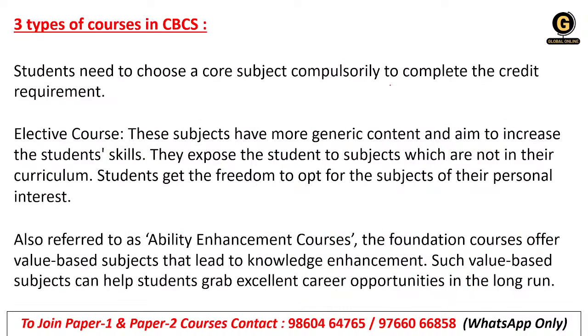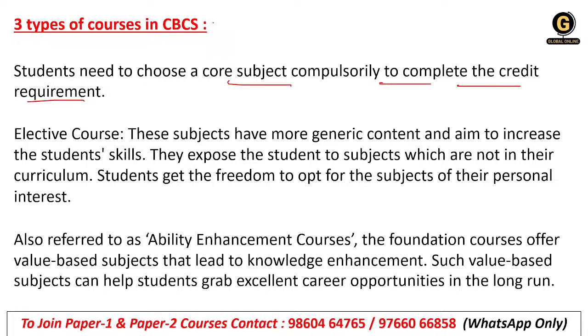See, there are three types of courses in CBCS. Students need to choose a core subject compulsorily to complete the credit requirement. Once you are admitted to an institution under the NEP 2020, first you need to choose the core subject like commerce, arts, science, everything. That is your core.